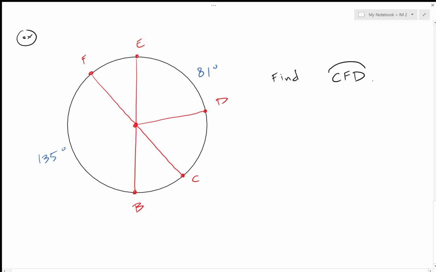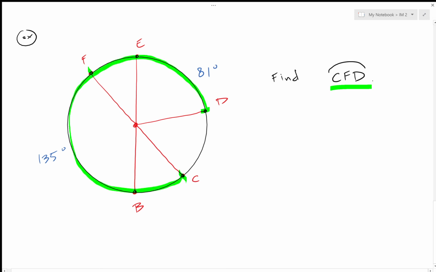We want it from C to F to D. So I'm going to start at C, go to F, and end at D. All right, if it's 3 letters, that usually means you're going the long way around the circle. If it just said CD, you would go the short way, like this. But since it's the long way, we're going to go from C to F to D.